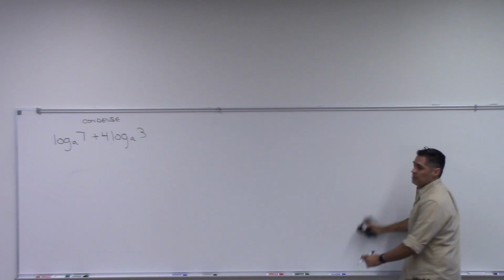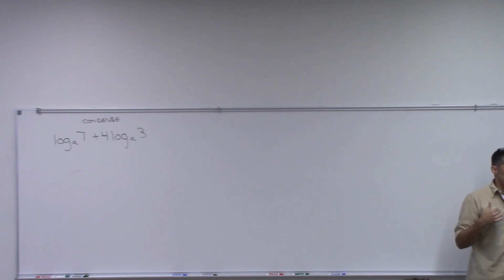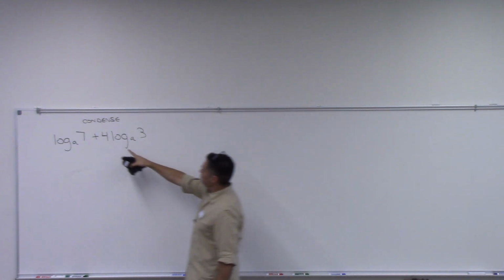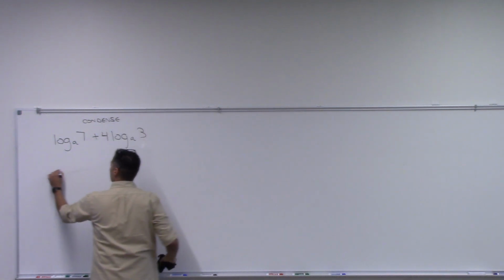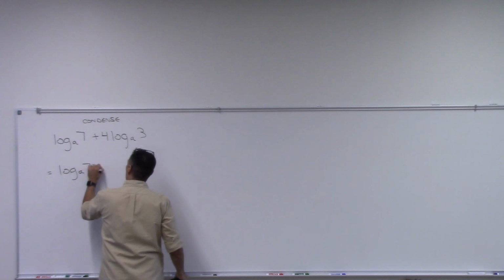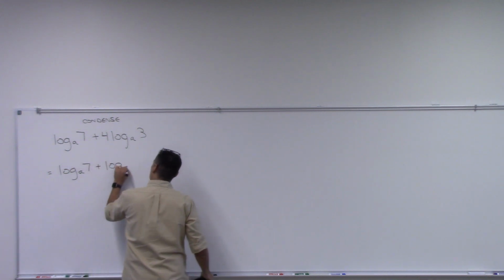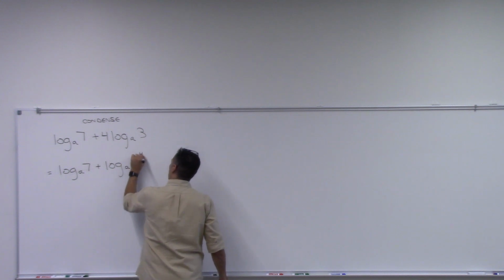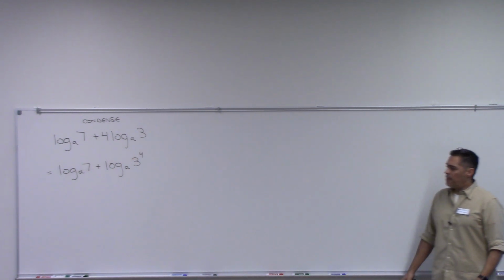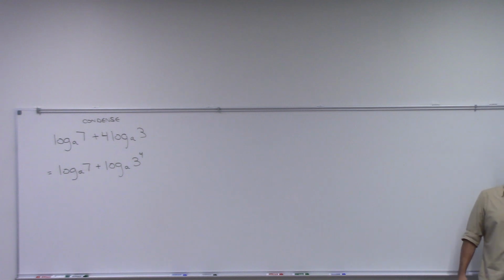What I like to look at first is, are there any numbers out front? Because if there are, I'm going to push them up as powers. You'll see the 4 here? I'm going to push that up. Log base a of 7 plus log base a of 3 to the 4th power, right?